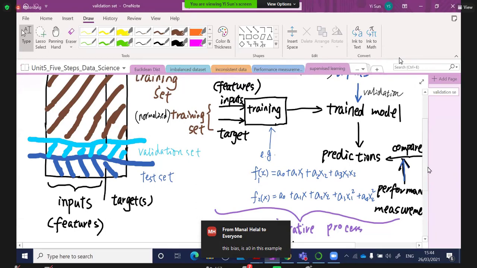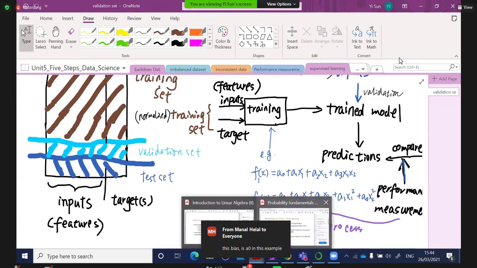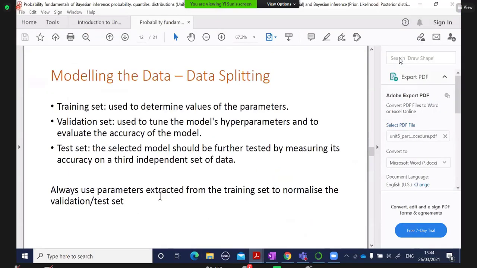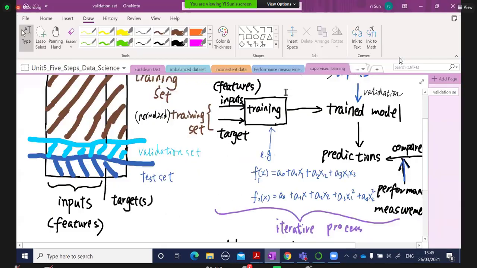What I want to emphasize here is that you should always use parameters extracted from the training set to normalize the validation set and the test set. Remember what I mentioned: this parameter is not A0, A1, A2 for linear regression. This is something from a training set. Remember we talked about Euclidean distance.